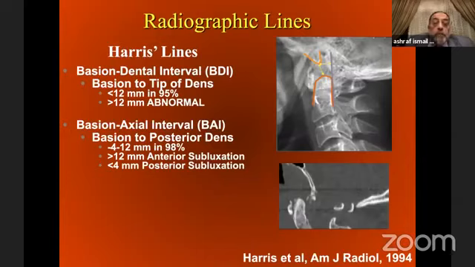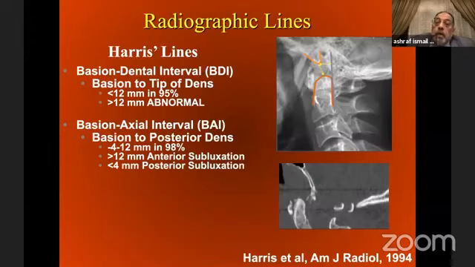The basion-dental interval, from the basion to the tip of the dens, is normally less than 12 millimeters. If it is more than 12 millimeters, it is abnormal, and it may indicate some sort of subluxation of the atlanto-occipital joint.